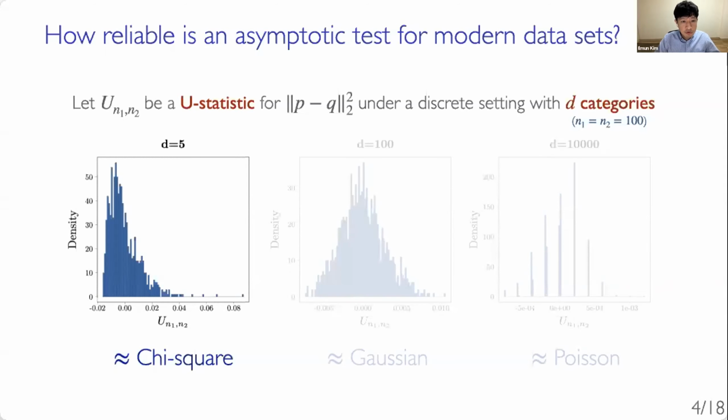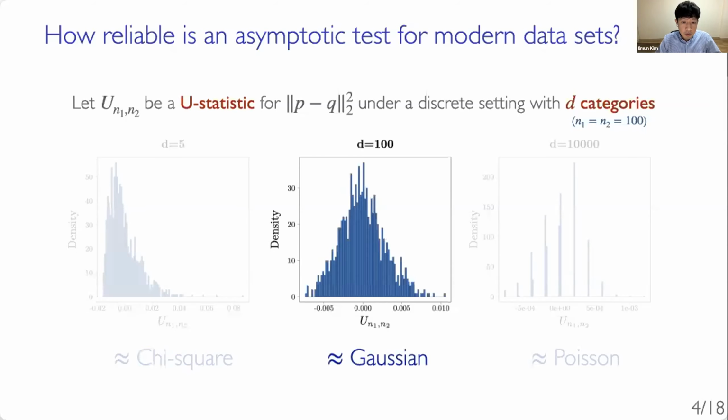So from the figure on the left, we see that the distribution of this test statistic is fairly skewed, and it looks like a chi-square distribution when the number of bins is much smaller than the sample size. On the other hand, when the number of bins is comparable to the number of observations, as you can see, the distribution becomes more symmetric, and it now looks more like a Gaussian distribution.